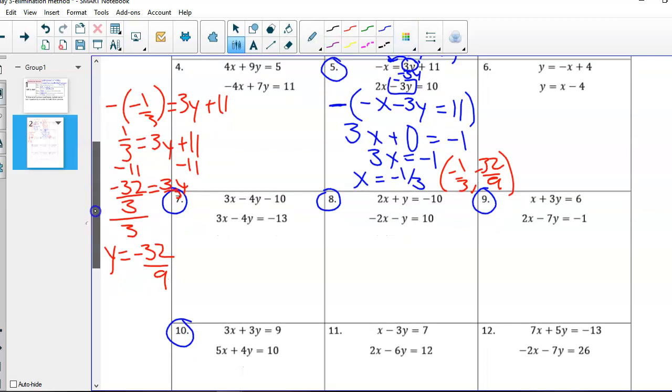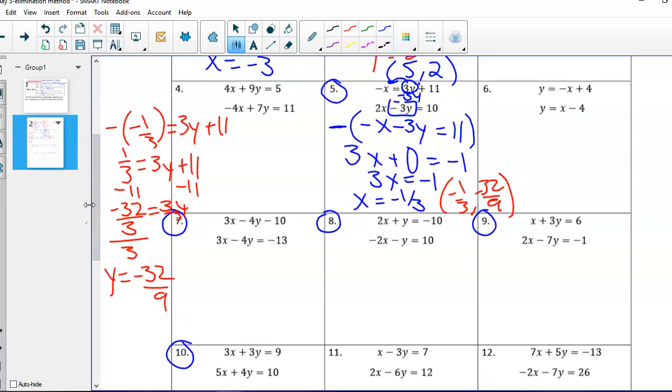Okay. Do we have questions so far before we move on? For 7, do we have a variable with the same number coefficient? Yes. Which one? Is that the only one? So in this case, we really have 2.